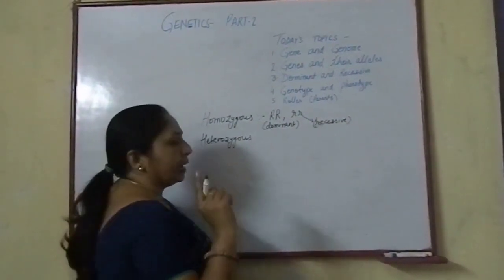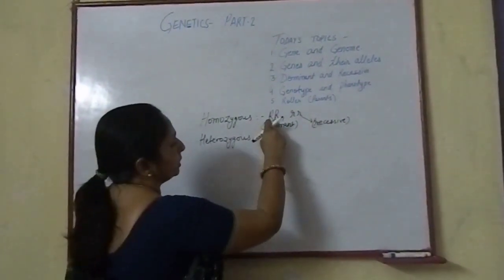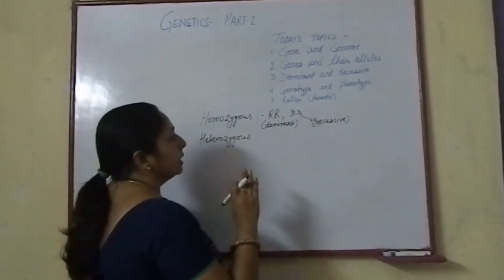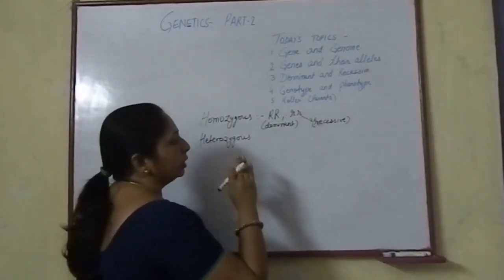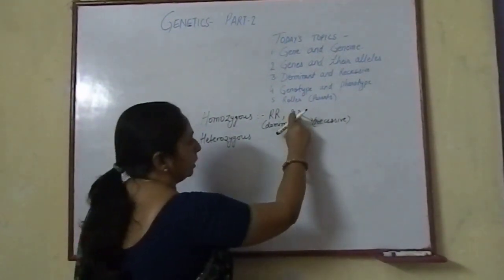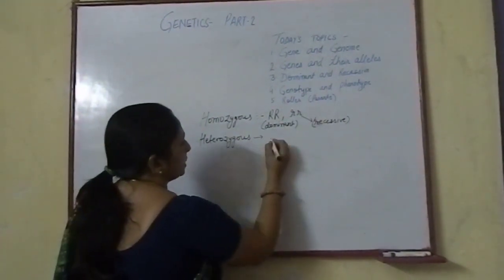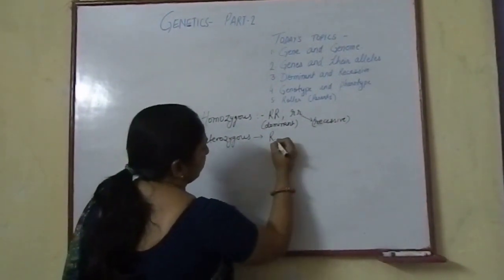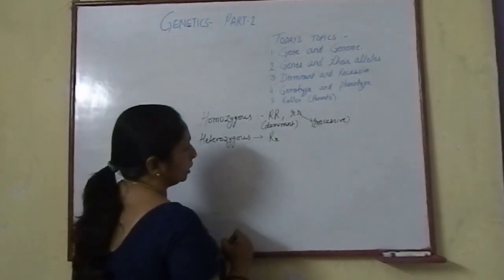If both are represented by capital R, it is homozygous dominant, roller tongue. Homozygous recessive is non-roller tongue, while the heterozygous condition is when one capital R and one small r is used.